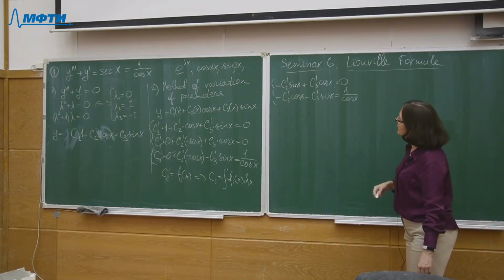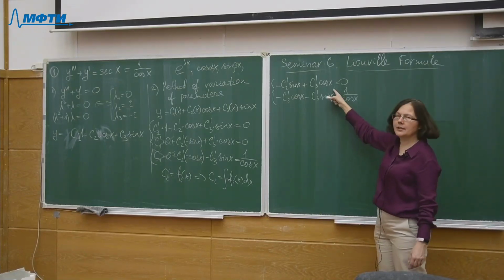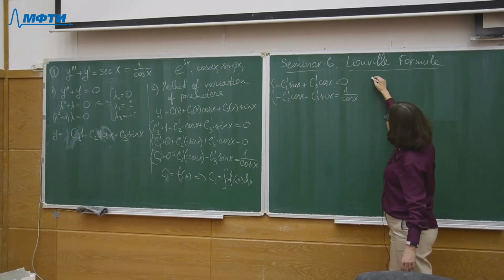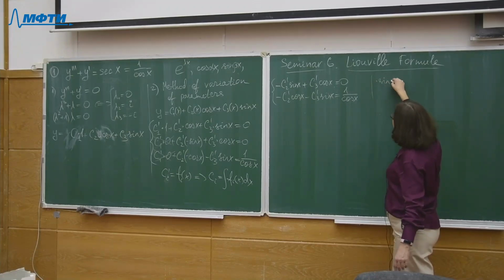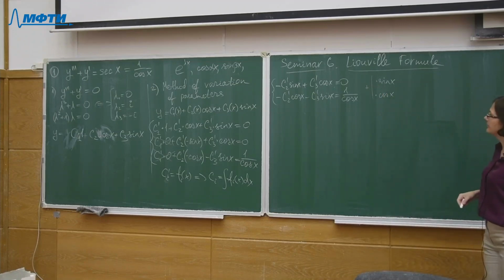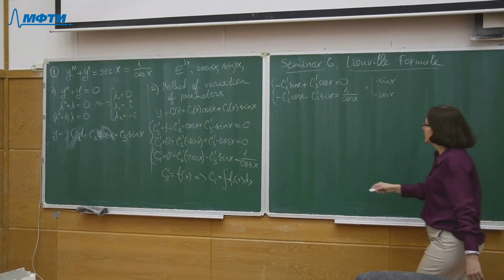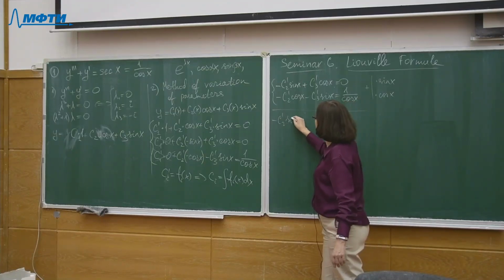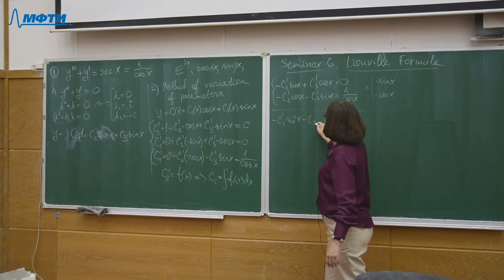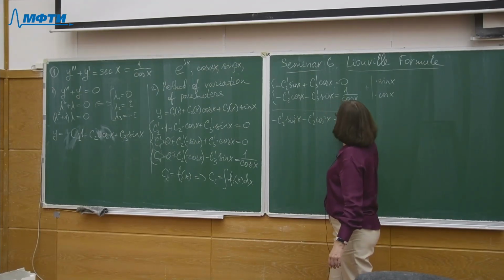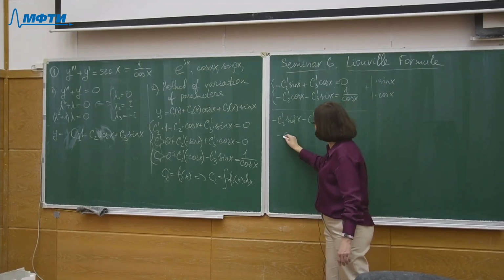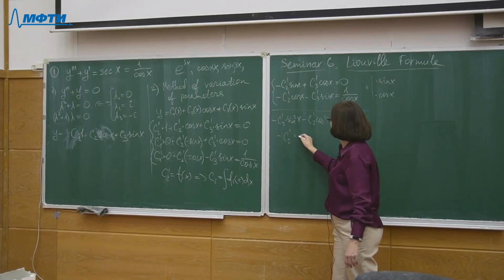Okay, maybe let's eliminate c3 prime. To eliminate c3 prime, we will multiply the first equation by sine x and the second one by cos x and add them together. Then c3 will be eliminated, and we will get the following: minus c2 prime sine squared x minus c2 prime cos squared x equals 1, from which we have minus c2 prime equals 1.